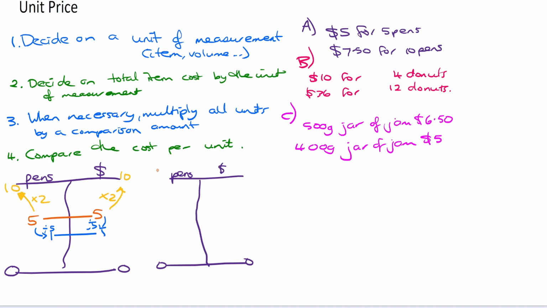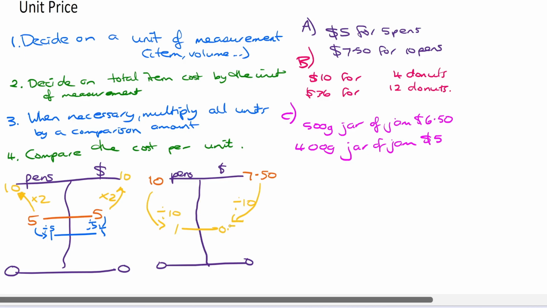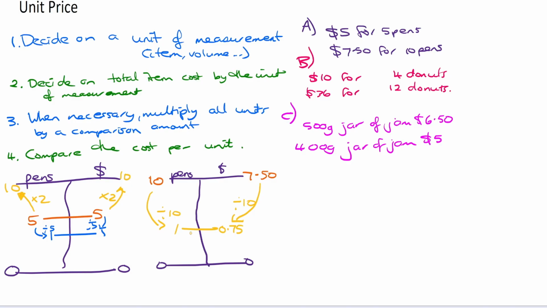So if I've got 10 pens for $7.50, and I want to know how much 1 pen costs, that's the divide by 10, or scaling by 1/10. So divide by 10, and they worked out that that would be 75 cents, 75 hundredths of a dollar.